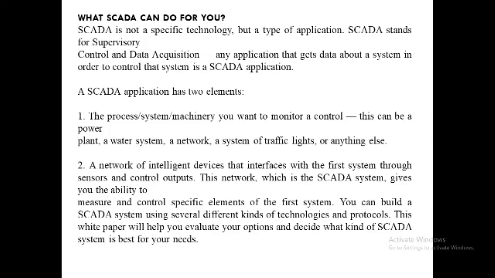Number two, a network of intelligent devices that interfaces with the first system through sensors and control outputs. This network, which is the SCADA system, gives you the ability to measure and control the specific elements of the first system.